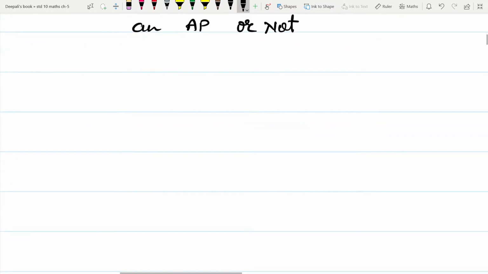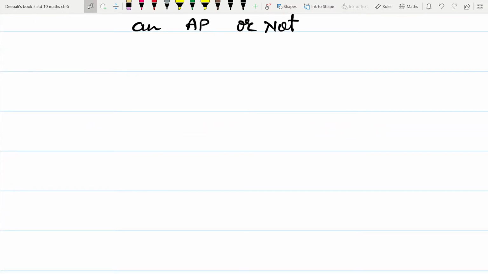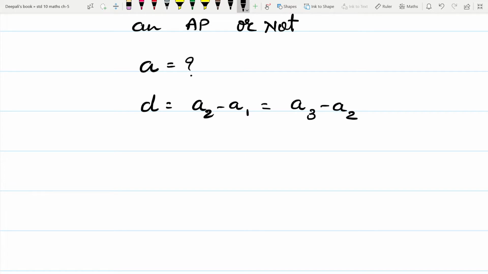For that, you need to check whether D is equal to A2 minus A1 is equal to A3 minus A2 is equal to AN minus AN minus 1.